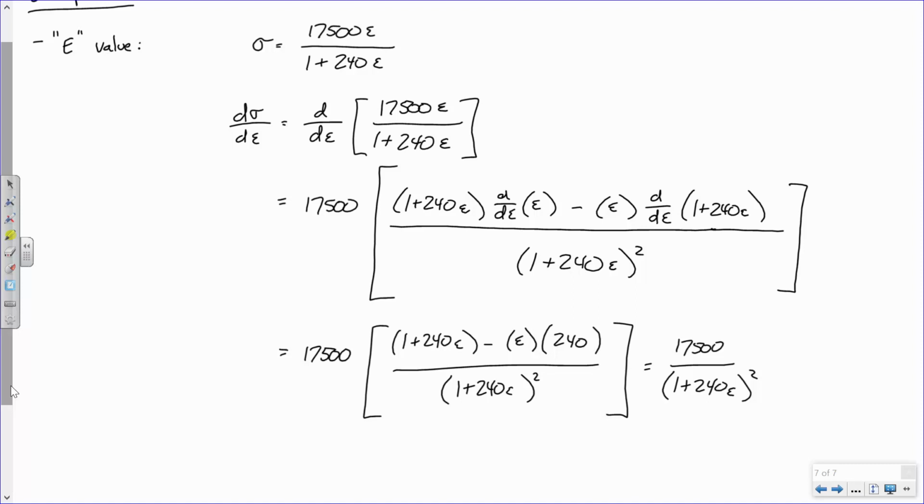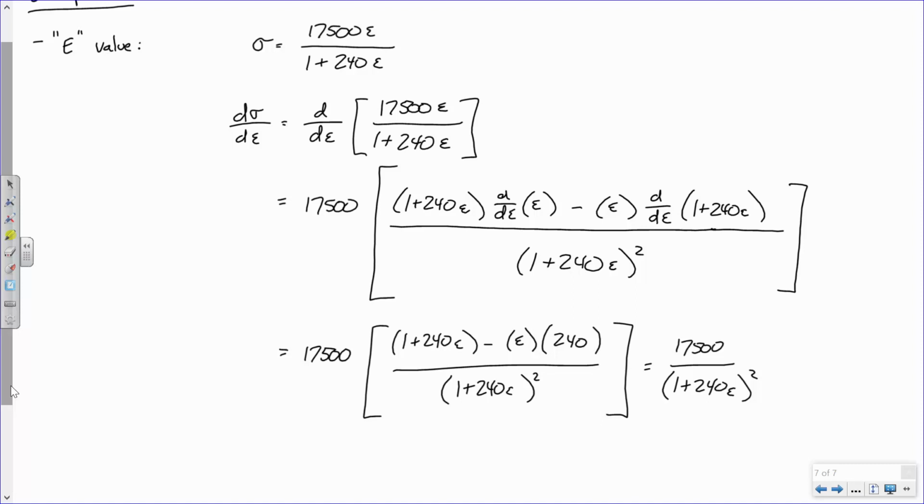Okay, so what is our E value? How do I determine E? What do I do? The Young's modulus, yes. Let me use the term. How do I determine Young's modulus? What value do I plug in? And what's the epsilon value? 0, right? Remember, we're trying to determine the slope at 0, right?